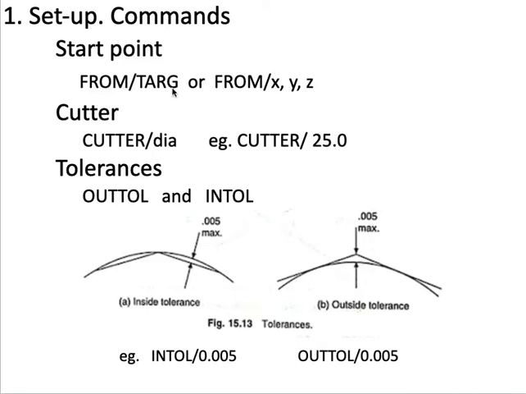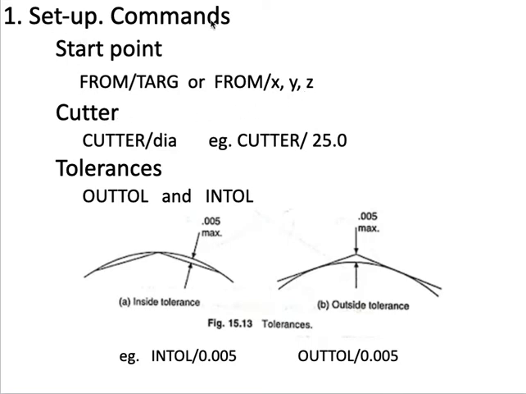The syntax is FROM slash TARG, where TARG is a symbol given to the starting point, or target point. Another way to make this statement is FROM slash X comma Y comma Z, where X, Y, Z are the coordinates of the target point.